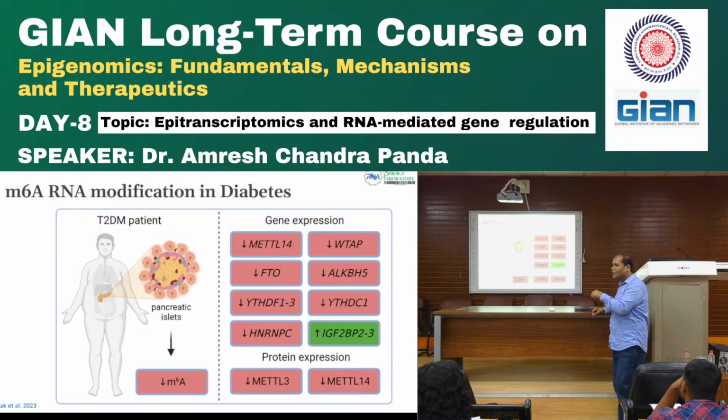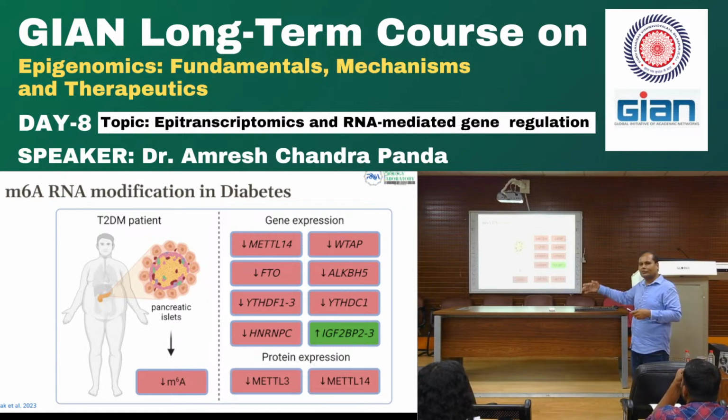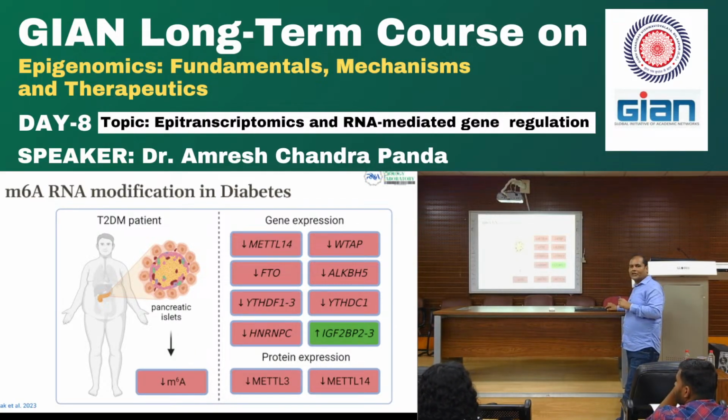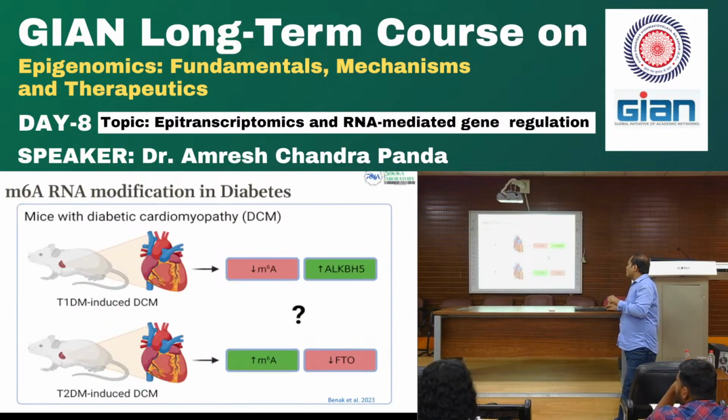And for the same thing, if you want to change the modification, you need to know what kind of modification, which genes are modified, and how much you need to modulate that. Based on that, you can have a therapeutic application. And this is also diabetic cardiomyopathy, where M6A goes down.